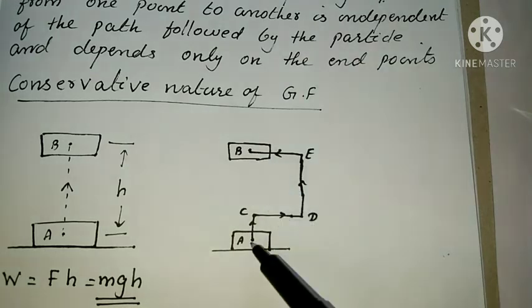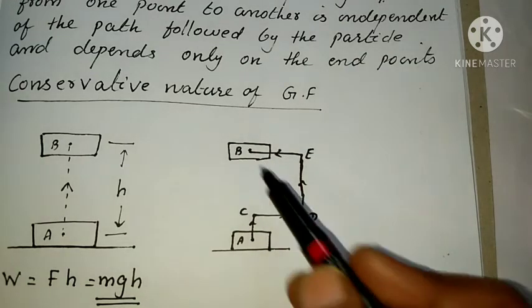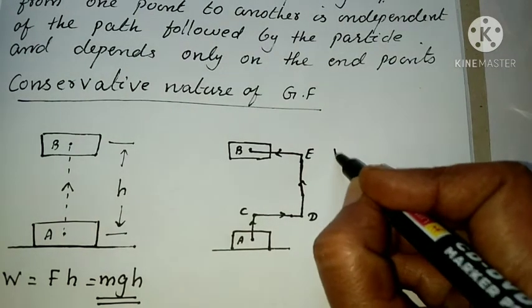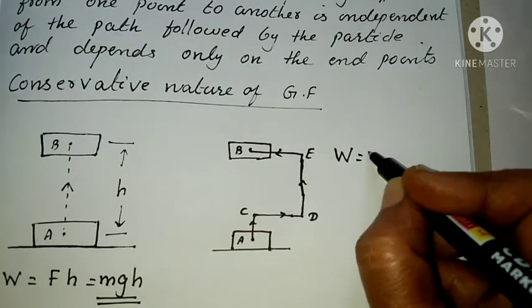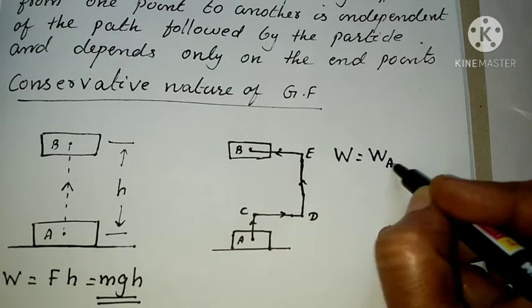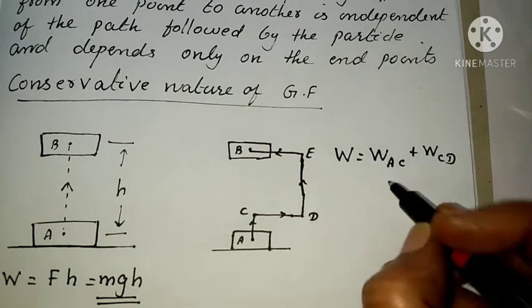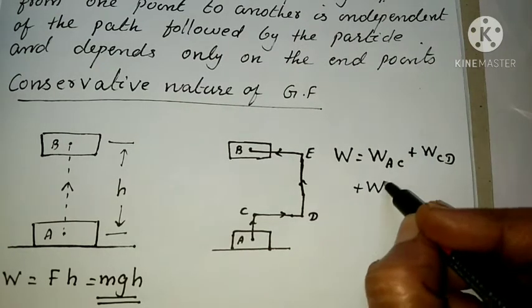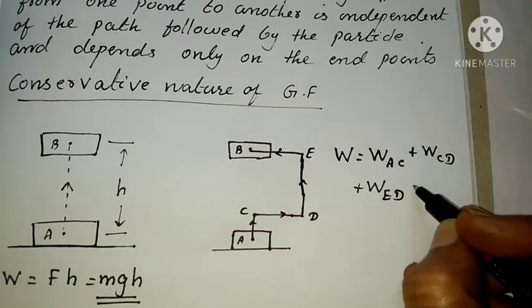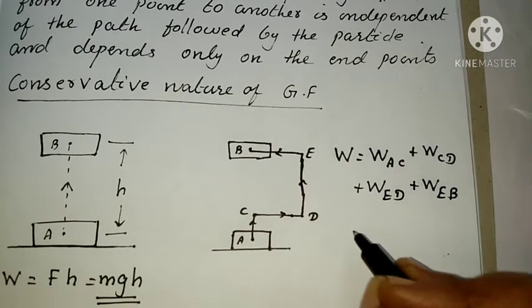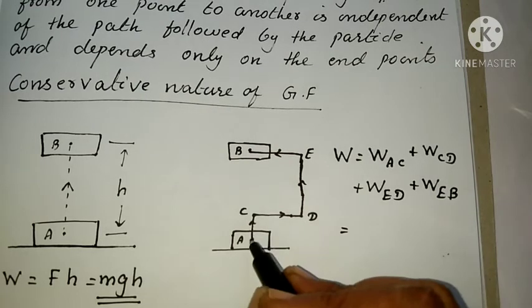So what is the total work done in moving the body from A to B? We can write the total work done, W, equal to work done along the path AC plus work done along the path CD plus work done along the path DE plus work done along the path EB.